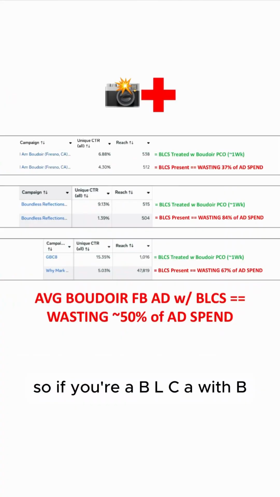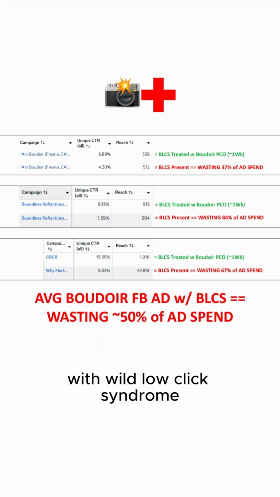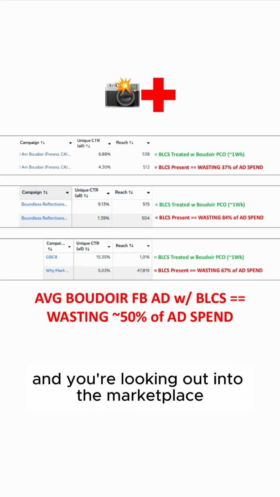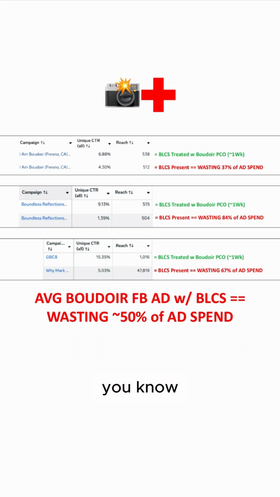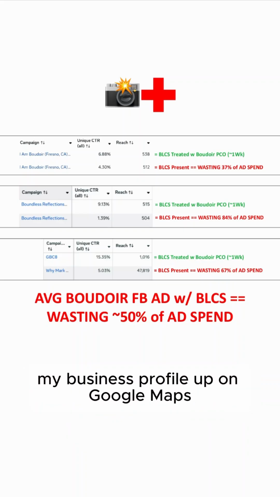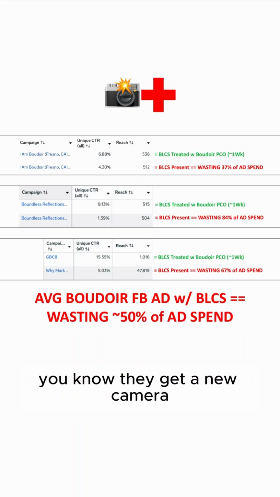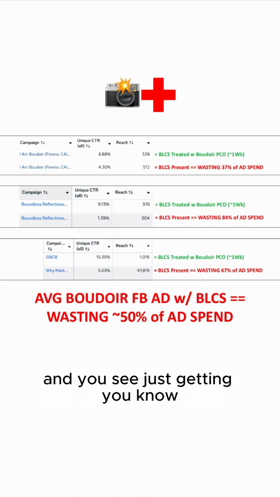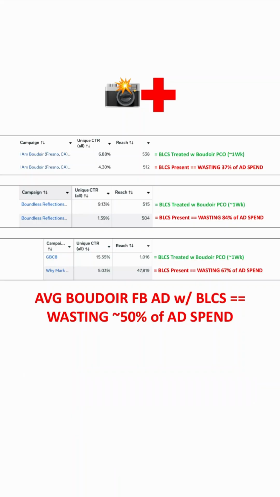So if you're a BLCA with BLCS, if you're a Boudoir low click advertiser with Boudoir low click syndrome, and you're spending more than 10 grand a month on Boudoir Facebook ads, and you're looking out into the marketplace, seeing it get more and more saturated. It seems like when someone gets a new iPhone or a new camera, every single day someone's throwing up a new Google My Business profile on Google Maps saying they do boudoir photography, or posting in the mom groups on Facebook saying they do boudoir photo shoots, and you see it's just getting more and more competitive, more saturated, more boudoir photographers, and you're seeing inflation, cost of living rise.